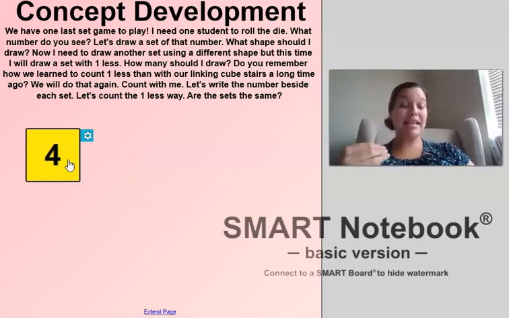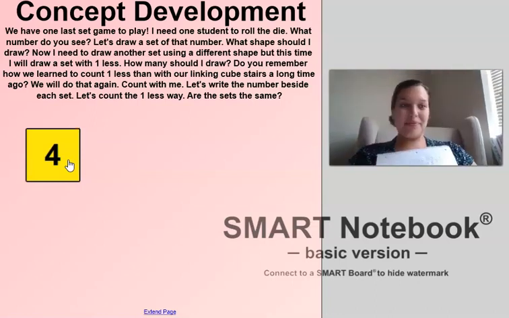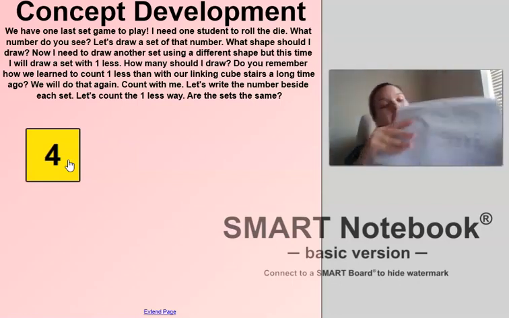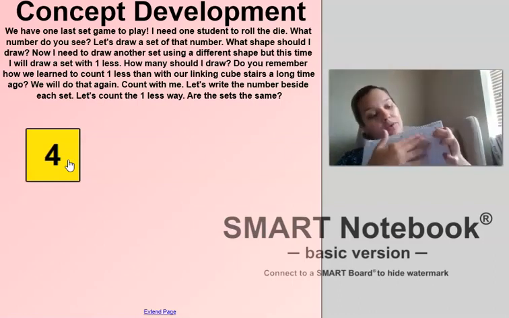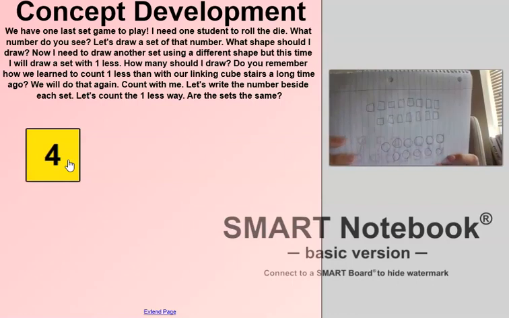Now, for your bottom set, we want you to draw one less. So underneath your 4, draw one less. Awesome. Your teachers and I cannot wait to see these pictures. I want to talk about something though. When I have one less of something, are our numbers the same?